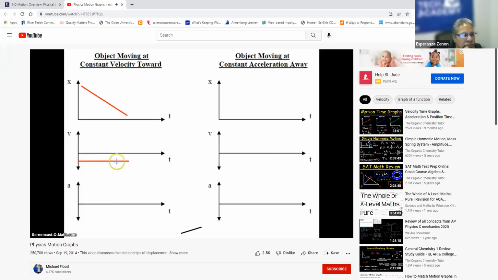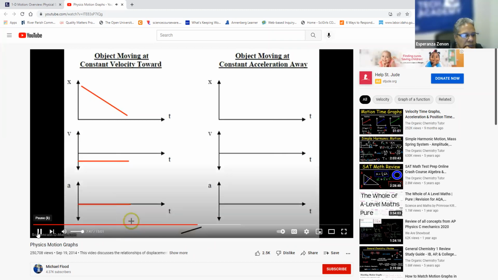And when the line is below the time axis, the object is moving toward the point of origin. Huge point for you to remember there. Our object is still not accelerating, so its A value is 0. So again, we have a horizontal line on the time axis at which A equals 0.